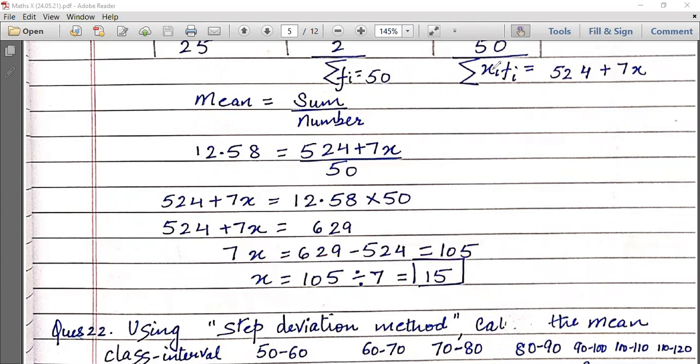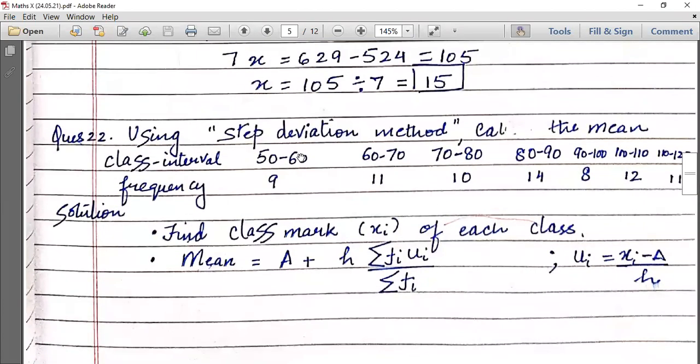Now let's do question number 2 based on the step deviation method. Using the step deviation method, you have to calculate the mean. Your class intervals are 50 to 60, 60 to 70, 70 to 80, 80 to 90, 90 to 100, 100 to 110, 110 to 120, and the frequencies are 9, 11, 10, 14, 8, 12, and 11.